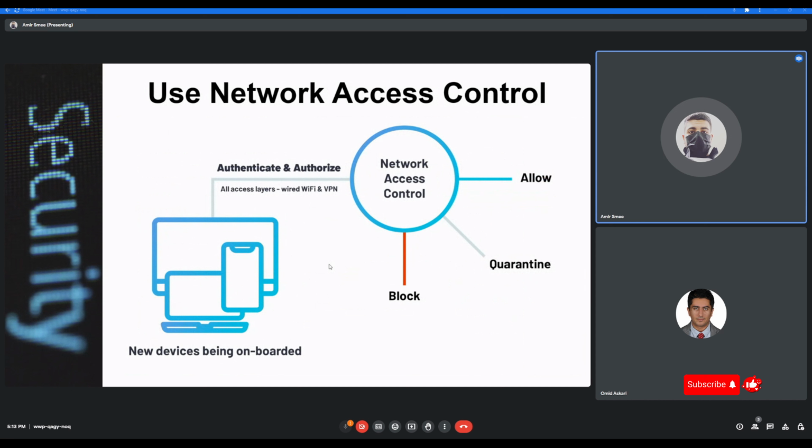Use Network Access Control, or NAC. NAC is a security solution that checks the security posture of devices before allowing them to connect to a network. By implementing NAC, you can ensure that only authorized and secure devices are allowed to connect to your network.